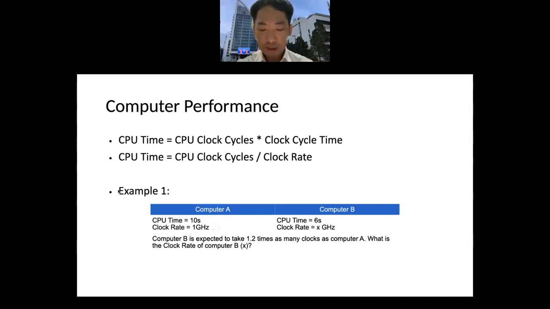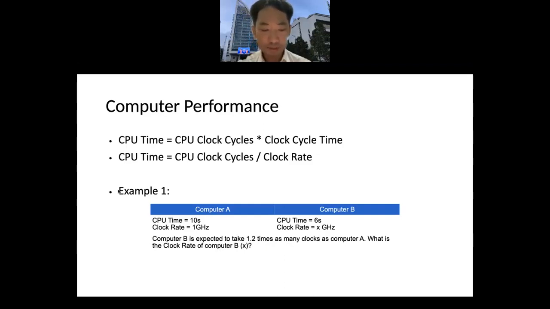Computer B runs the same program, but it takes only 6 seconds to finish the job, but we don't know the clock rate of computer B. Assume that we know that computer B takes 1.2 times as many clock cycles as computer A. How can we find the clock rate of computer B?